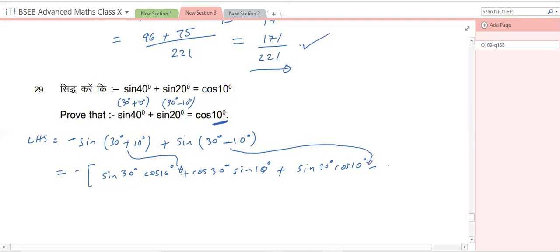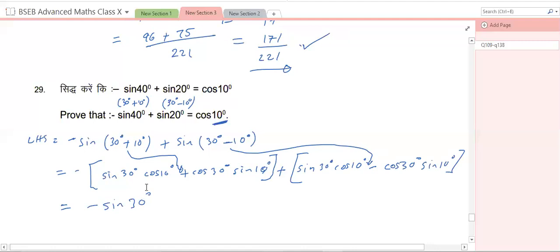Then cos 30, sine 10 degrees. Brackets should go around this.